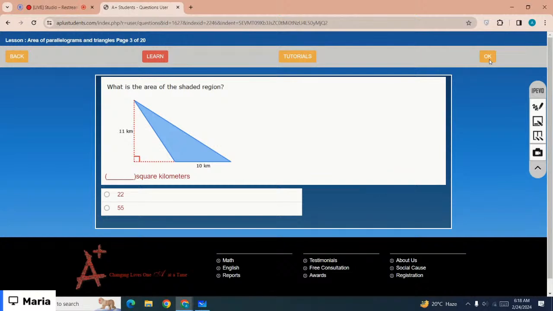Yes, the correct option is 55 square kilometers. The correct option is option number 2.